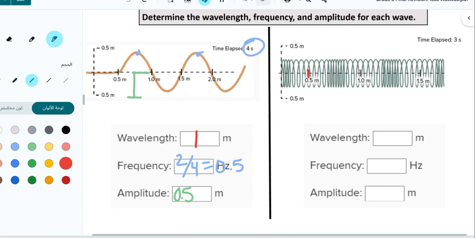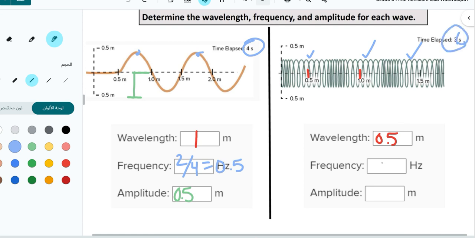This is easier because for our wavelength, we can just simply take from rarefaction to rarefaction, which is 0.5 to 1, which means our wavelength is 0.5 meters. Let's count how many rarefactions we had in this time. I have 1 rarefaction, 2 rarefactions, 3 rarefactions with a time of 3 seconds.